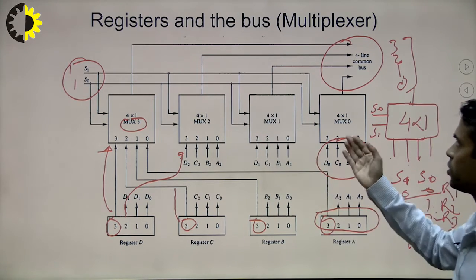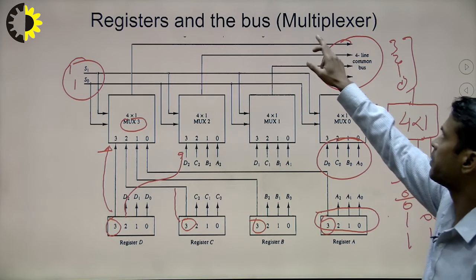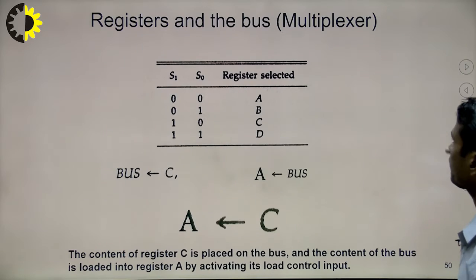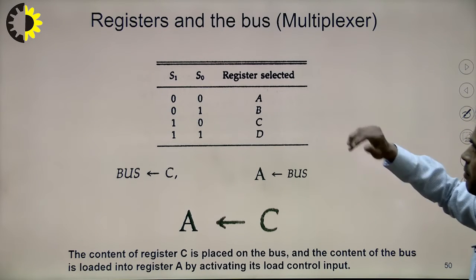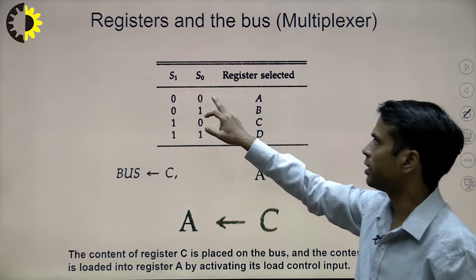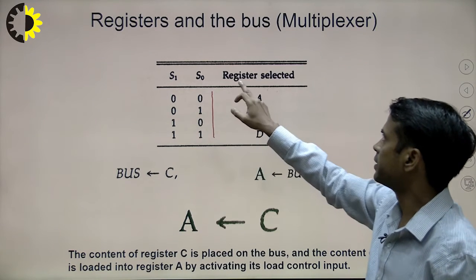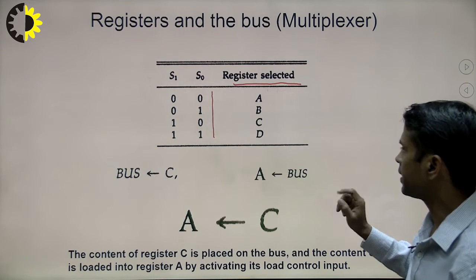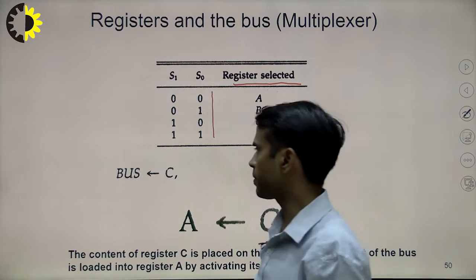So, this is one way to implement transfer from register to bus using a multiplexer. This can be seen with this truth table, that for these selection lines the registers A, B, C and D will be selected.